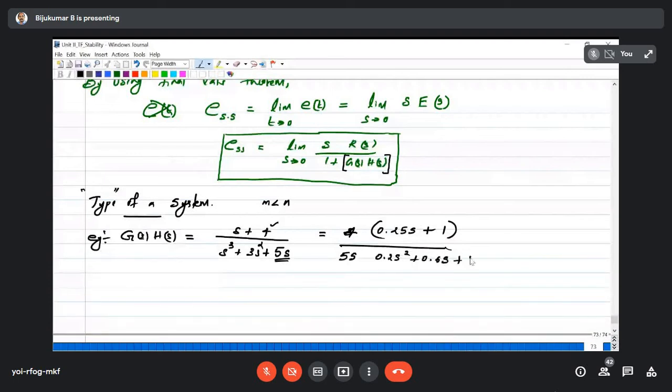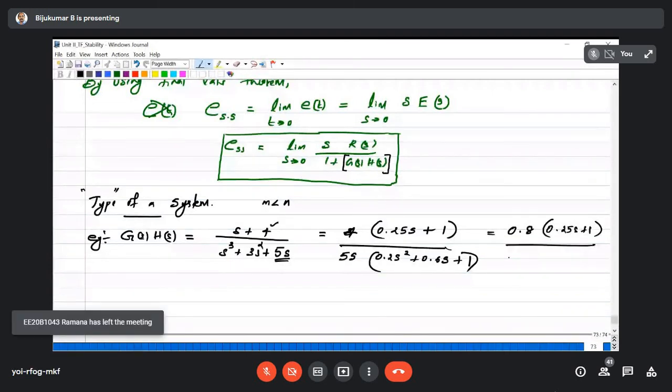And 4 by 5 is 0.8. So I can write 0.8 into 0.25S plus 1, and here one S term will be there, S into 0.2 S square plus 0.6S plus 1. So I have converted this into a general form.